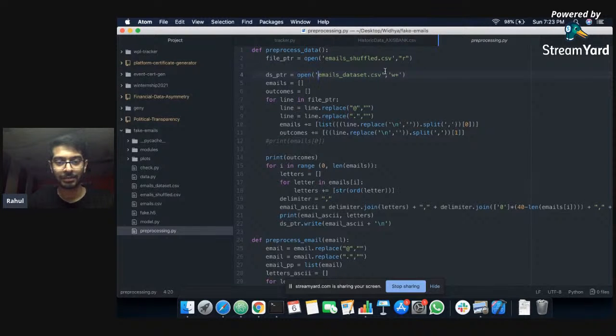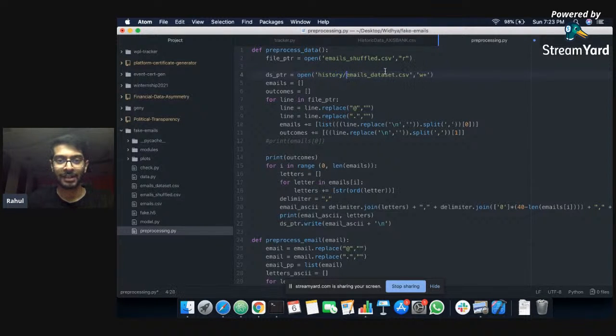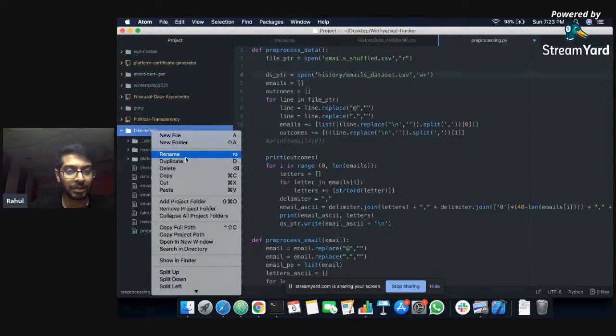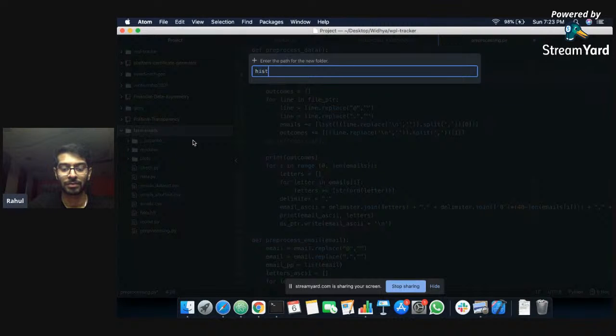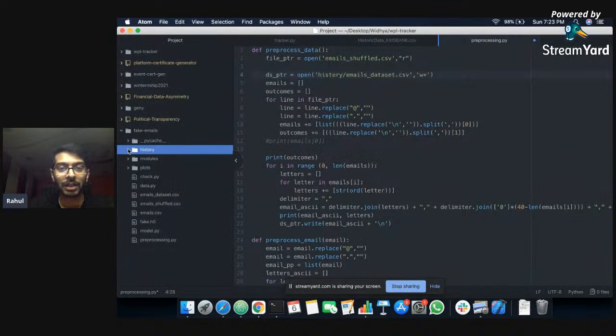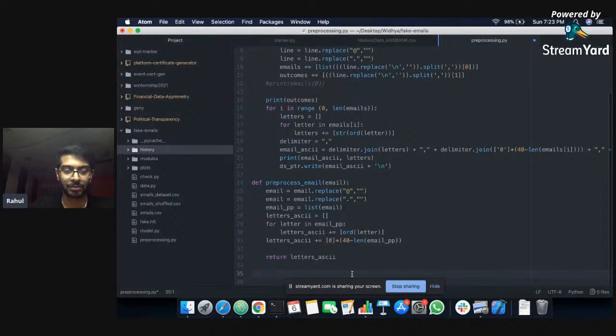So if I say something like, let's say, history/email dataset.csv, and let's just create a folder called history. Now let me just run this particular function, preprocess data.